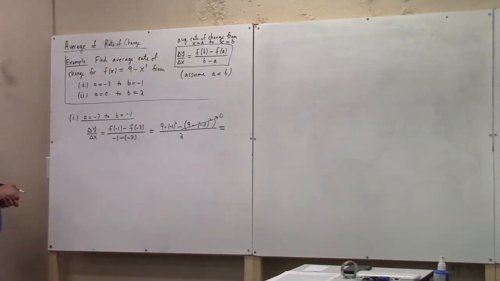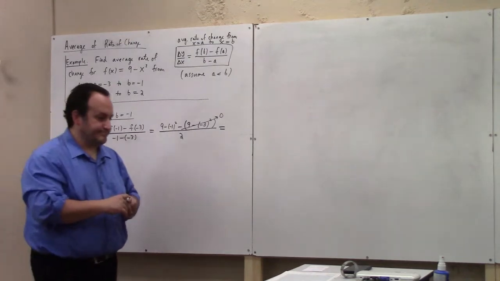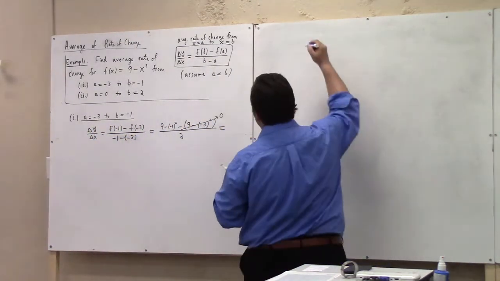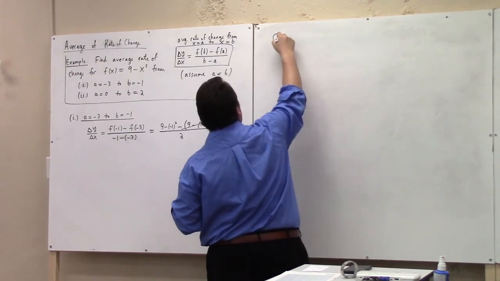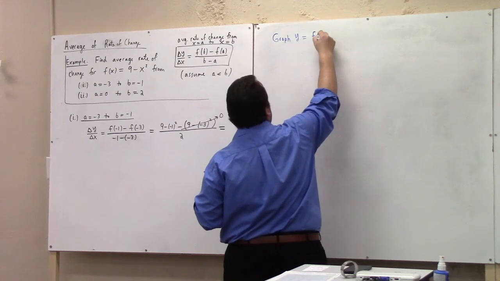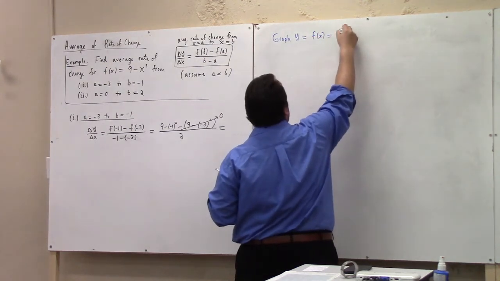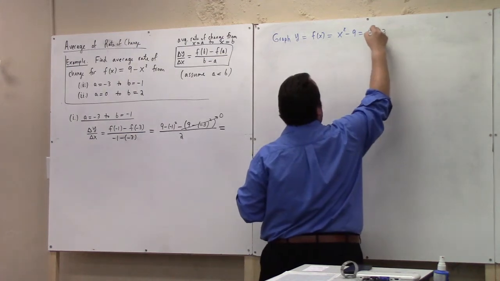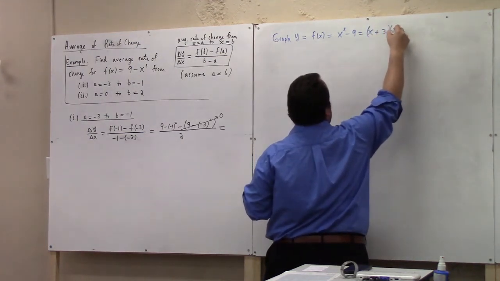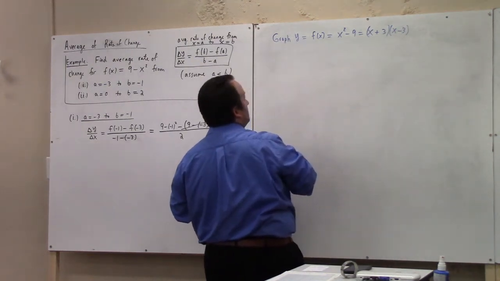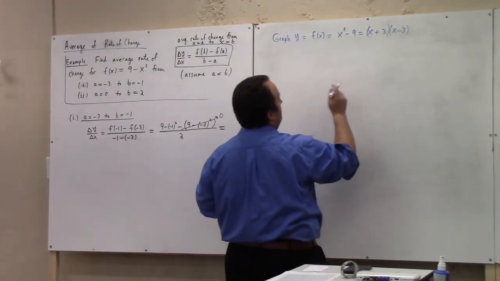By the way, is that surprising? Let's graph y equals f of x equals x squared minus 9, which is x plus 3 times x minus 3, right? Oh, my bad.